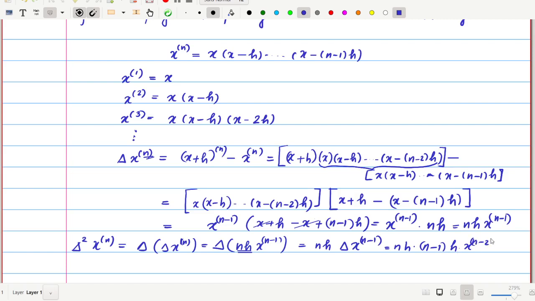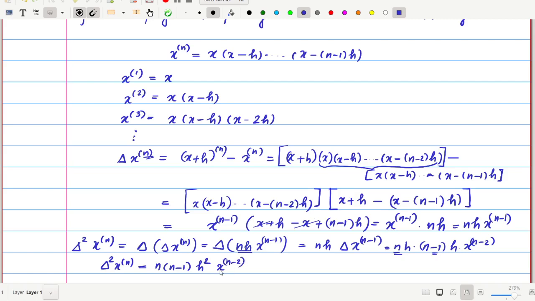So we write del square x of n, the second order forward difference of x of n, will be n times n minus 1 times h square times x of n minus 2.